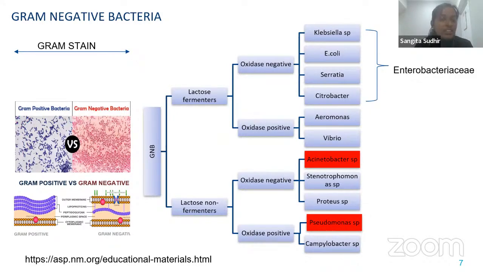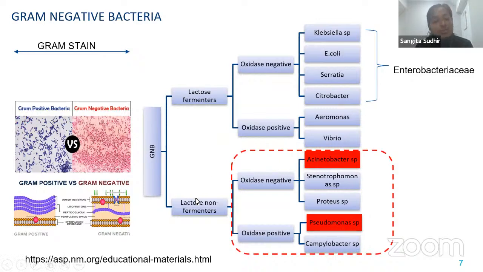Once we identify a gram-negative bacteria, we check whether it is a lactose fermenter or a non-lactose fermenter. Both Acinetobacter and Pseudomonas are lactose non-fermenters. They do not ferment carbohydrates or lactose. Another feature which differentiates between them is the oxidase test, whether it is oxidase negative or oxidase positive.